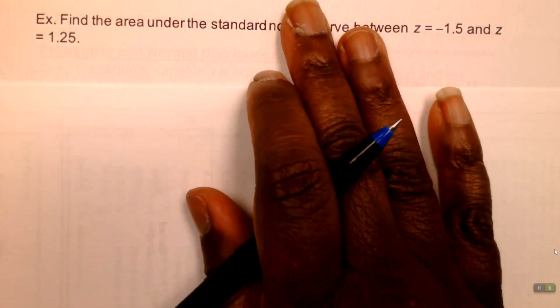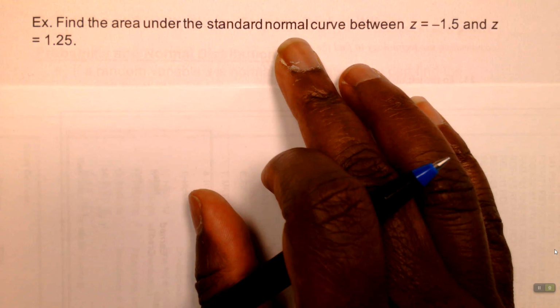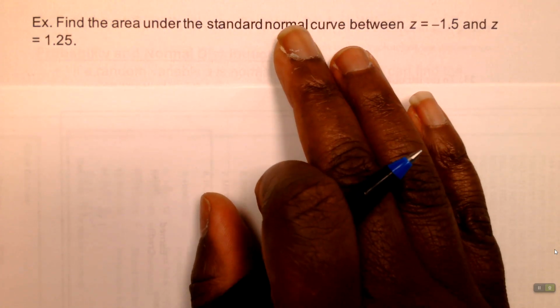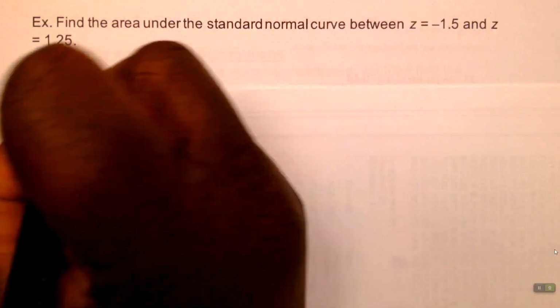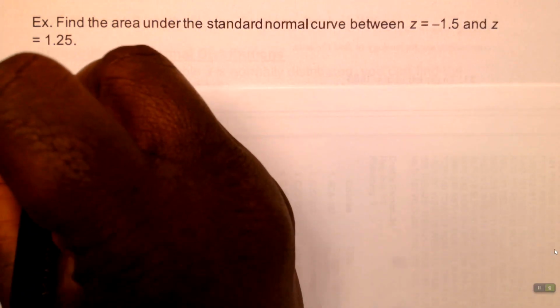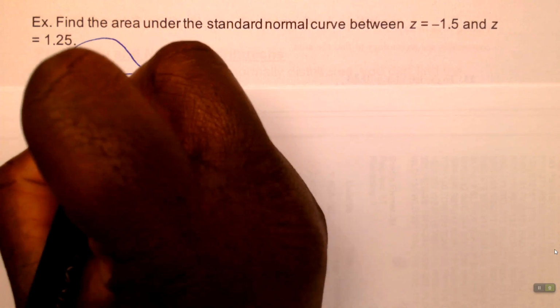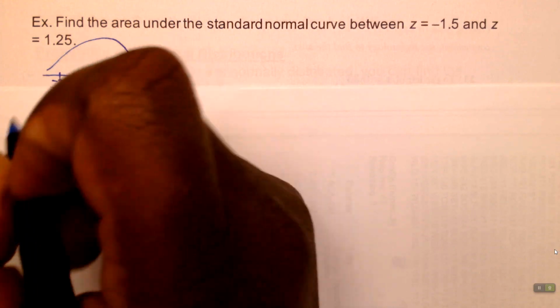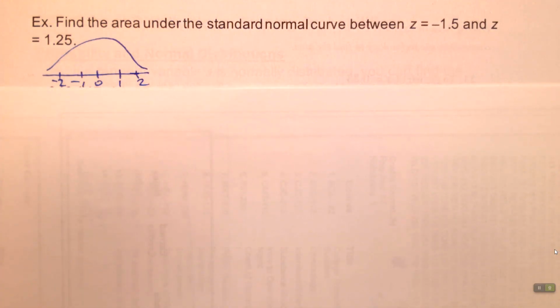Okay, there we go. Find the area under the standard normal curve between z equals negative 1.5 and z equals 1.25. So again, I didn't give myself enough room to do this, so let me do the best I can. So z equals negative 1.5, and z equals 1.25.